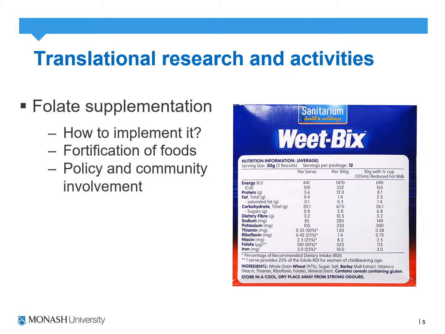A lot of it involved working with the government to make it policy, as well as community involvement to highlight the benefits of fortifying these types of common foods, in this case with folic acid as well as other ingredients, because the benefit far outweighed any limitations or adverse events that could be associated with fortifying food with folic acid.